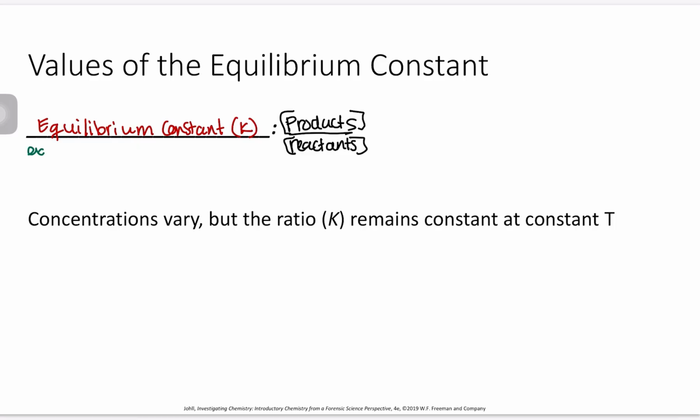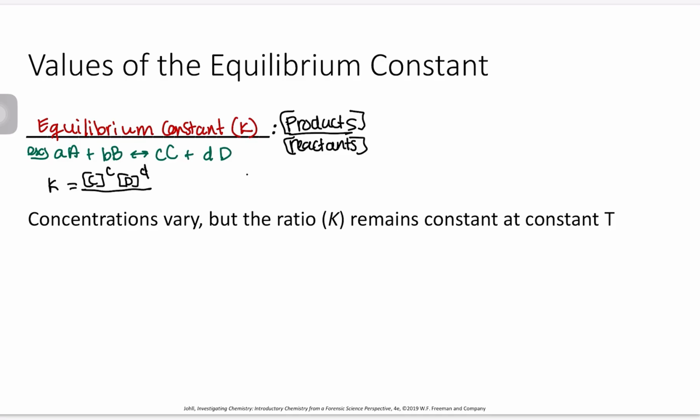So let's look at an example. If we just look at a generic reaction where we have aA plus bB in equilibrium with cC plus dD, where the lowercase letters represent the coefficients and the uppercase letters represent the molecules, K is going to be equal to the concentration of C raised to the lowercase c times the concentration of D raised to the lowercase d.